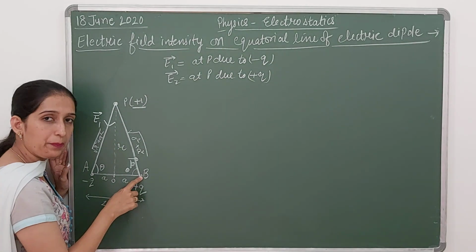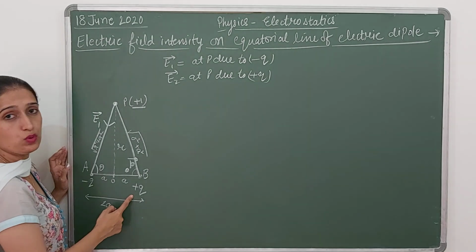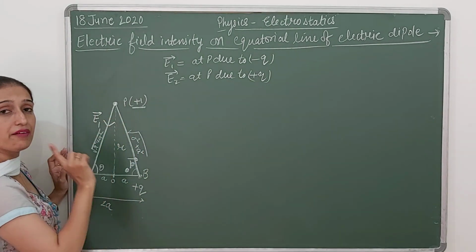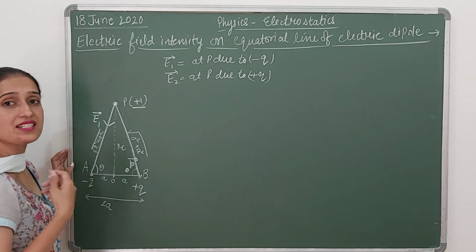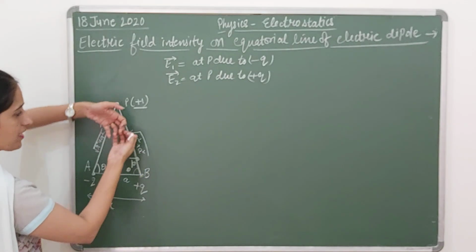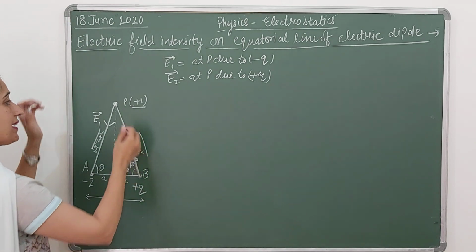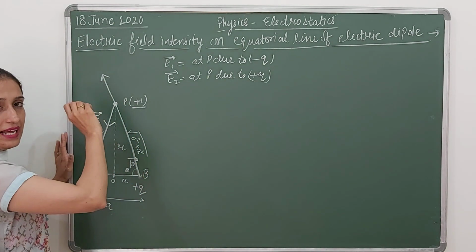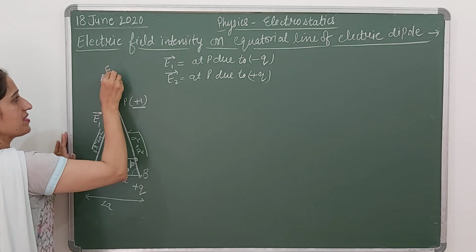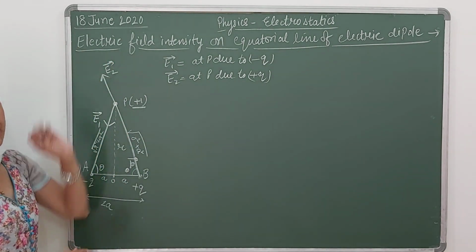Similarly, at point B we have the positive Q charge. Here also we have the unit positive charge. Positive, positive. Like charges repel each other, so these two charges are going to repel each other. So the force of repulsion as well as the electric field intensity has this direction.